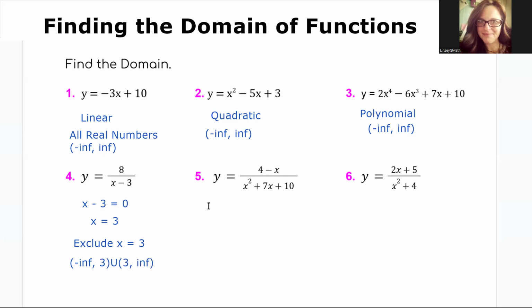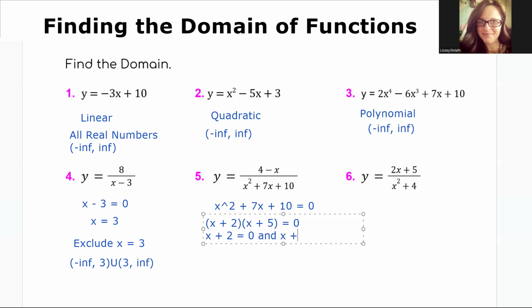Number 5. We'll set the quadratic in the denominator equal to 0 and solve. Let's factor. What two numbers multiply to 10 and add to 7? 2 and 5. And we'll set each factor equal to 0 and solve.